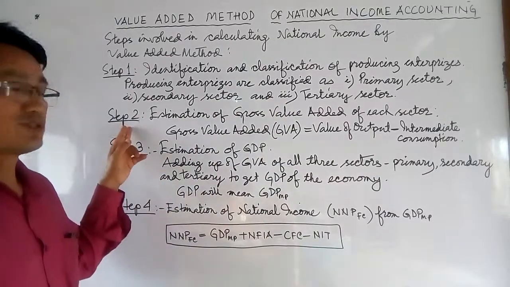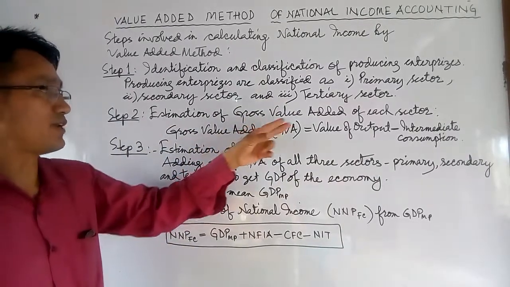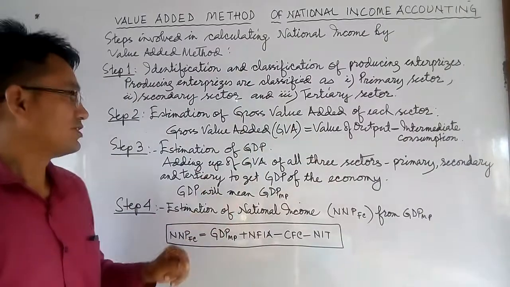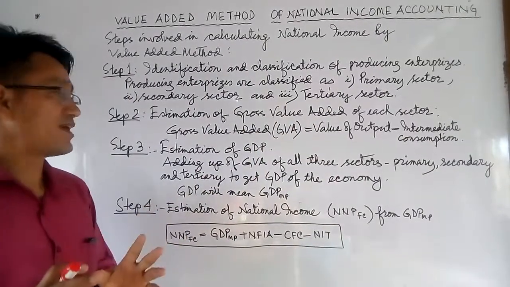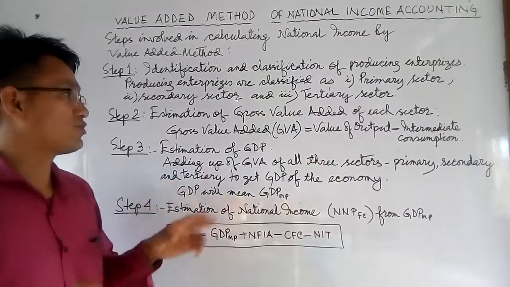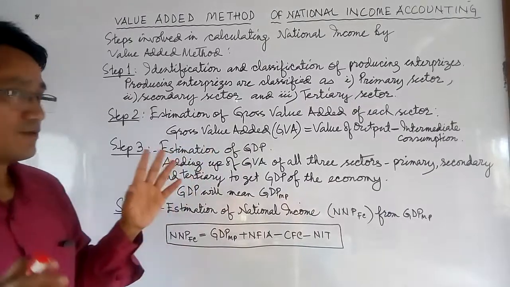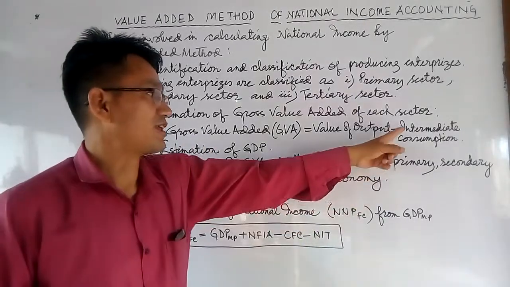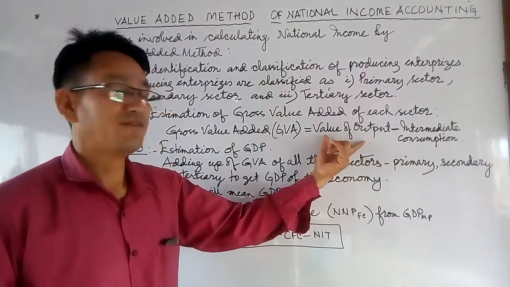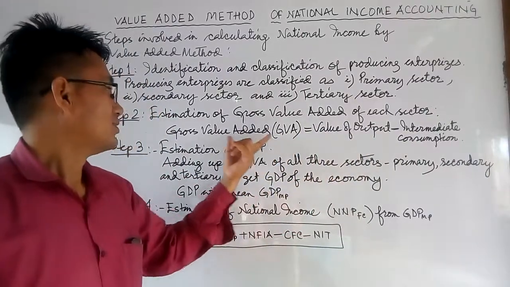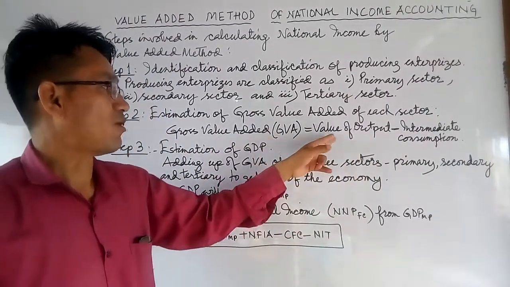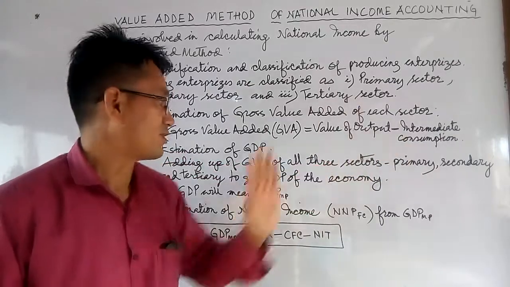Then step number 2, estimation of the gross value added of each sector. How do we find the gross value added? We find gross value added by subtracting intermediate consumption from the value of output. So gross value added is equal to value of output minus intermediate consumption.